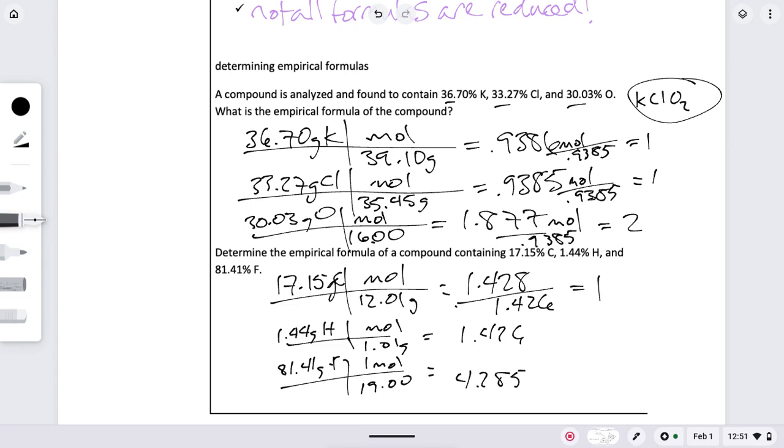It's going to be close enough to 1 that you can just round it to 1. This is exactly 1. This last one, when I divide it, is going to give me 3.005, which again is really close to 3, so that's what the answer is. I'm looking for whole numbers. It's only when it's not close to being a whole number that you have to worry.